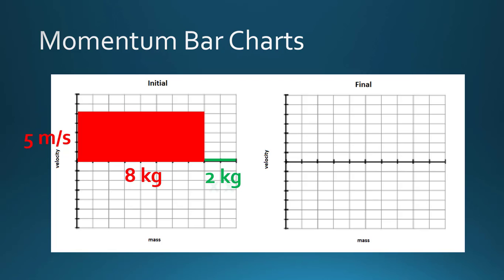And then it is not moving, so we're going to put little X's to show that we have actually thought about it, and the green ball does not, in fact, have any velocity. So these are our initial conditions. Our red ball is moving, and so it does have momentum, and that momentum is represented by the big red block. The green ball is not moving, and so that is represented by the mass. So we're showing that we do have the green ball, but it's not moving, so it has those X's.